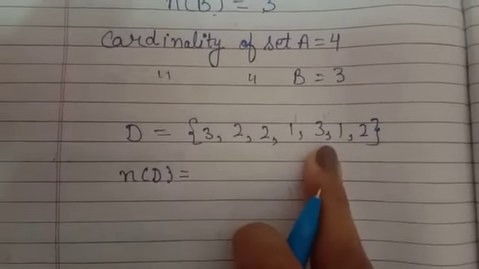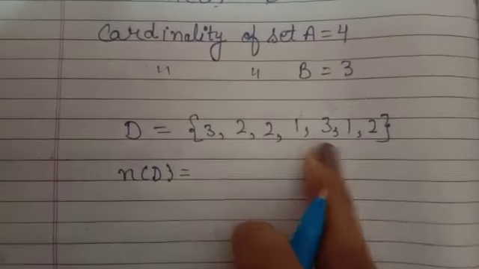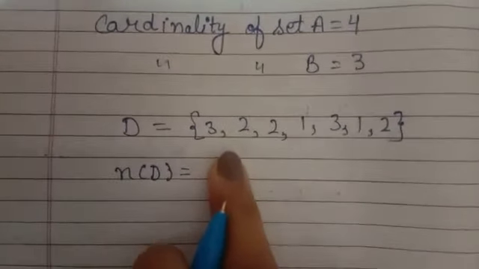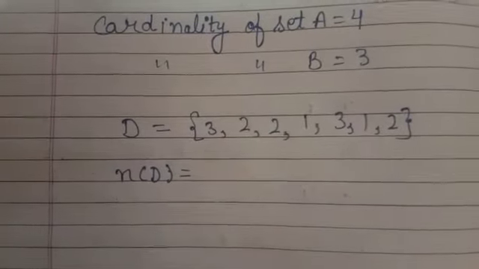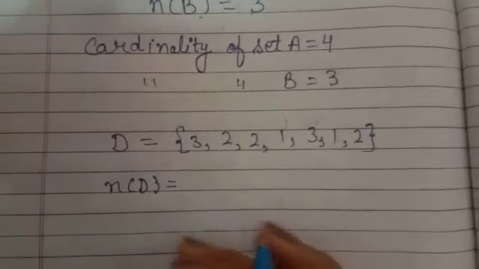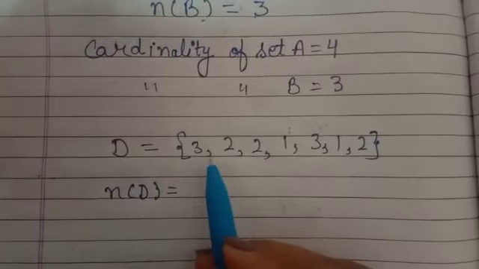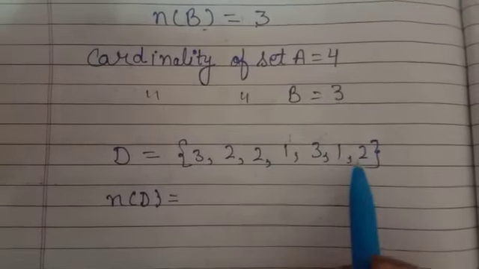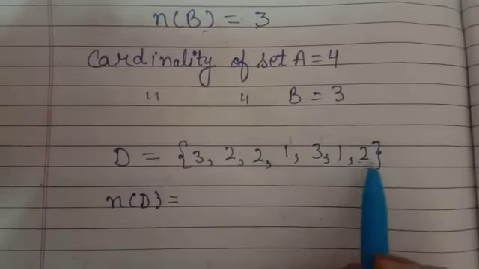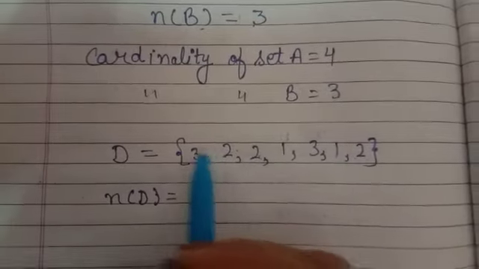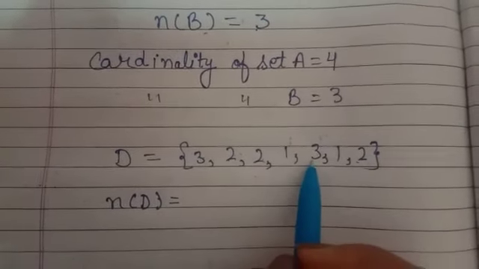But no, its cardinality is not 7. Why? Because I have already told you in the properties of sets that repetition of numbers is not considered in sets. 2 is coming thrice, 1 is coming twice, and 3 is also coming twice.